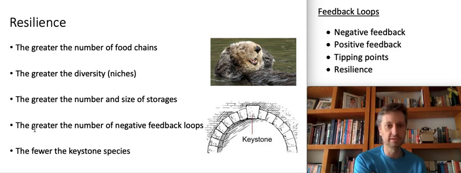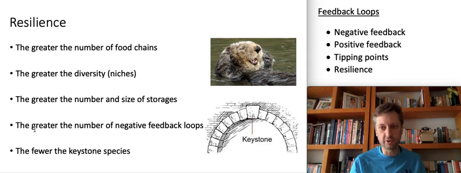And then here I've said, again, it comes back to complexity. The greater the number of negative feedback loops, the more compensation the system has to overcome change, and therefore the less likely it is to go to a new equilibrium. The more the negative feedback, the greater the likelihood of staying around your set point.